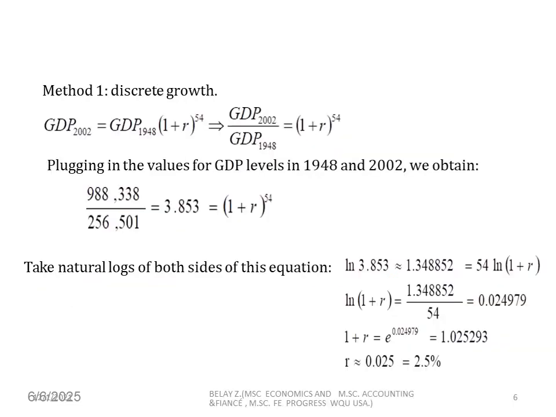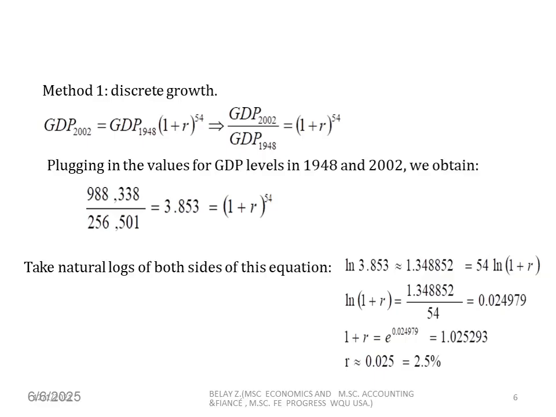Method 1, discrete growth. Let us see by discrete growth. GDP of 2002 is equal to GDP of 1948 times 1 plus r to the power of 54, which means GDP of 2002 over GDP of 1948 is equal to 1 plus r to the power of n.